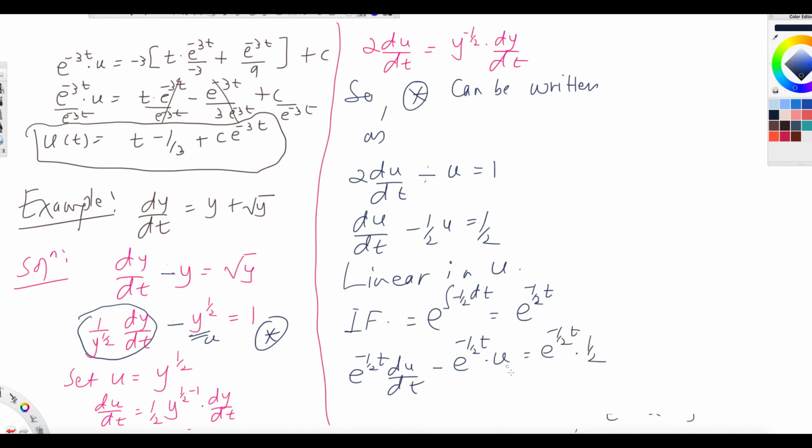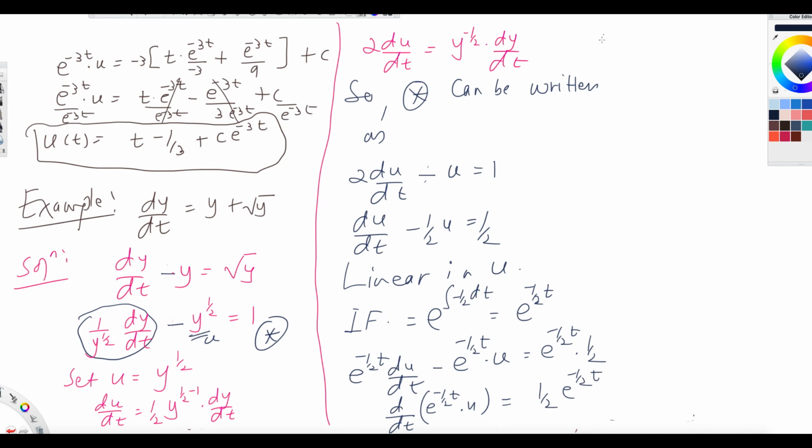That's what you get. Now the left hand side is basically the derivative of the integrating factor times u. So you write d/dt of e to the negative 1/2 t times u. That is the left hand side, and the right hand side is e to the negative 1/2 t times 1/2.